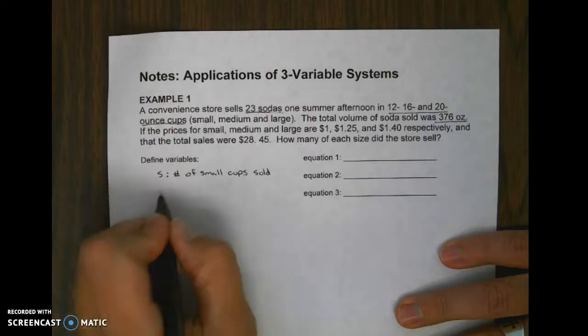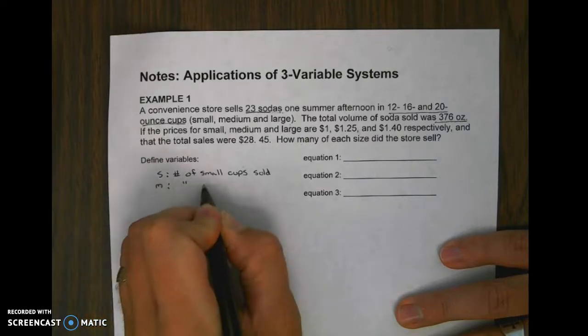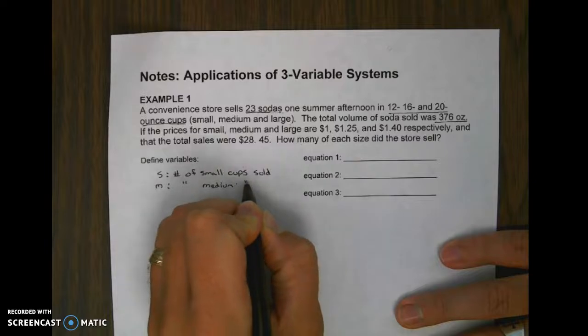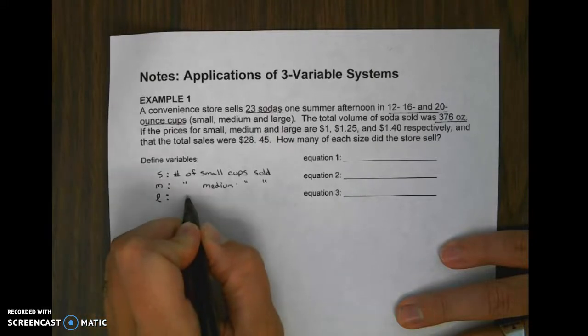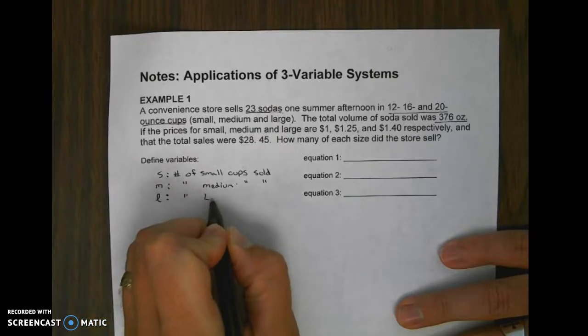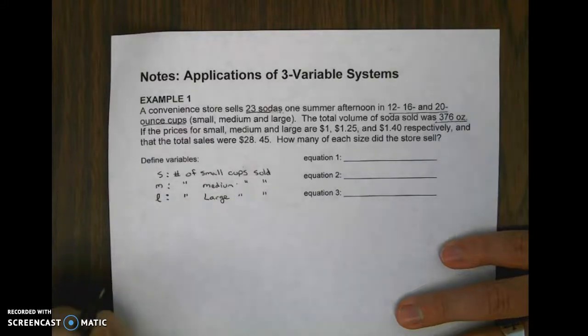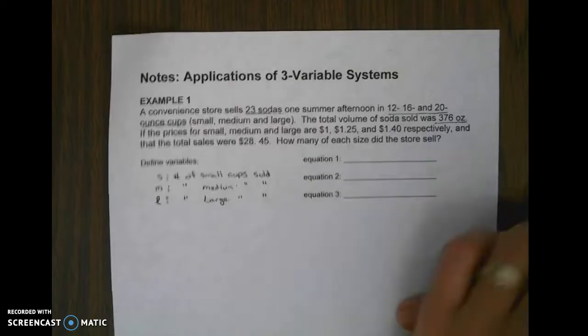Okay, M, number of medium cups sold, and I'll use, you guessed it, L, number of large cups sold. So that's what we're trying to find. How many of each size did the store sell?